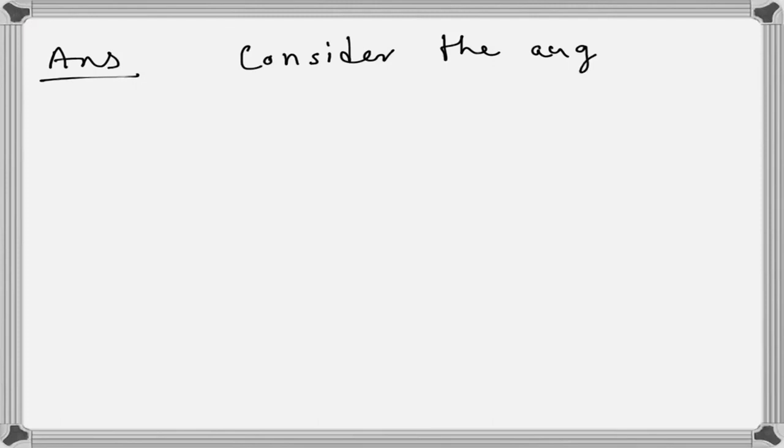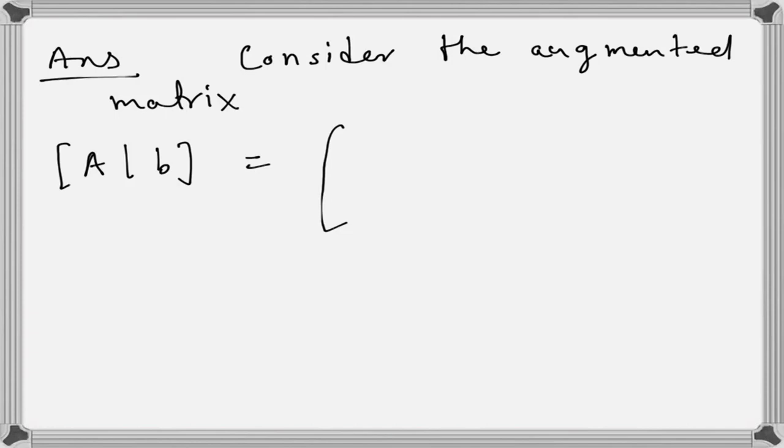Okay, first consider the augmented matrix AB, which is nothing but 1 alpha alpha square 1; alpha 1 alpha minus 1; alpha square alpha 1 1.